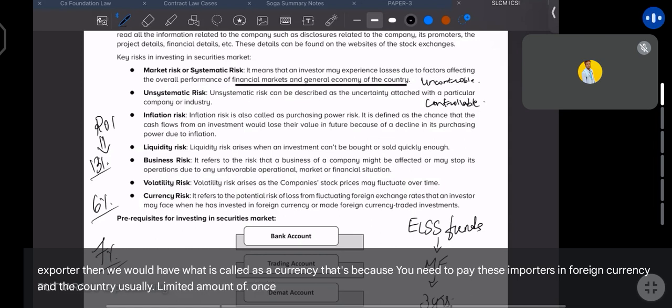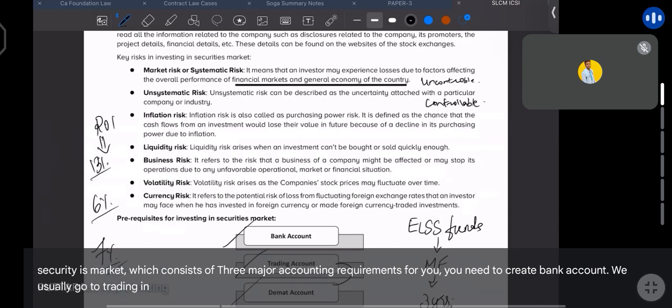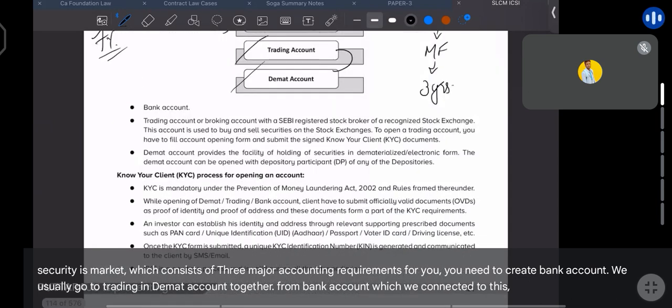Once you have analyzed these three risks, you can be ready to invest in the securities market, which has three major account requirements for you. You need to create a bank account, you need a trading account, plus you need a demat. You usually get a trading and demat account together. A bank account needs to be connected to this particular trading and demat.